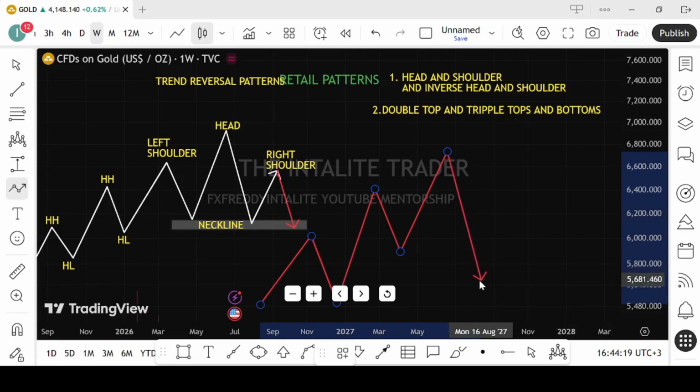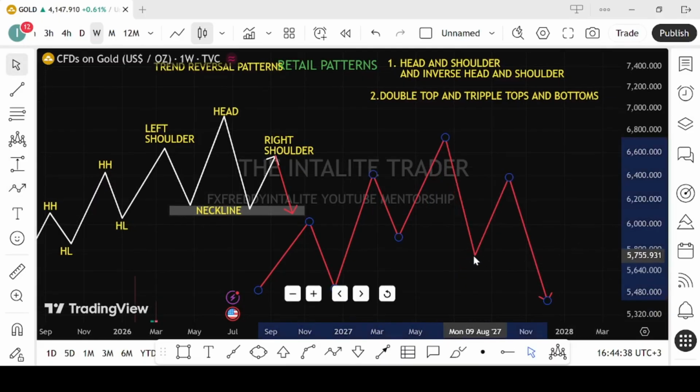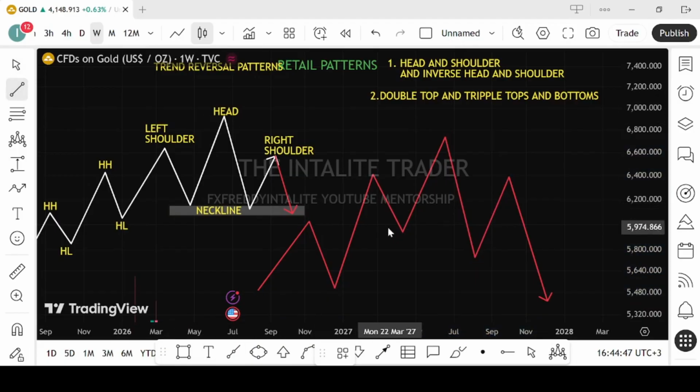It gives you a lower low here, and it comes back, sits on the same resistance level, and then it reverses. So a break below the neckline is what confirms a reversal. Now this is the highest quality pattern from the head and shoulders patterns.